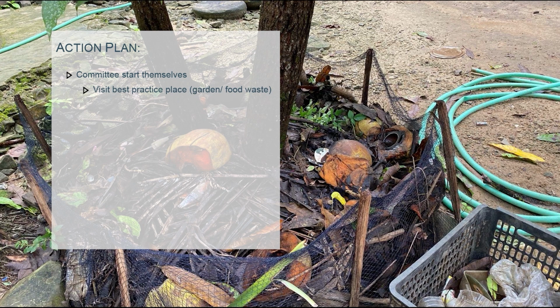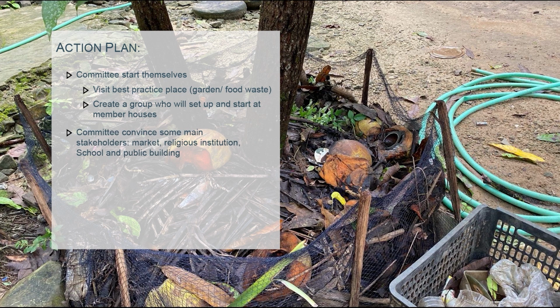The first one is that the committee start themselves making compost on their own ground, depending on the best practices already available in the village. From there, the committee should further try to convince other stakeholders like markets or religious institutions, schools, and public buildings also to build composting units on their facilities.